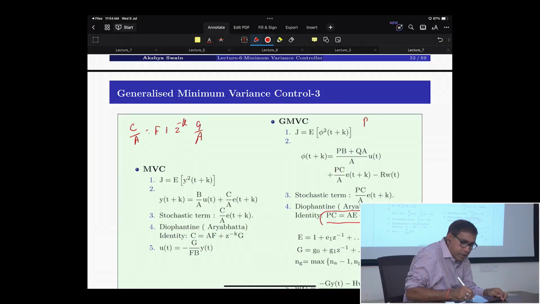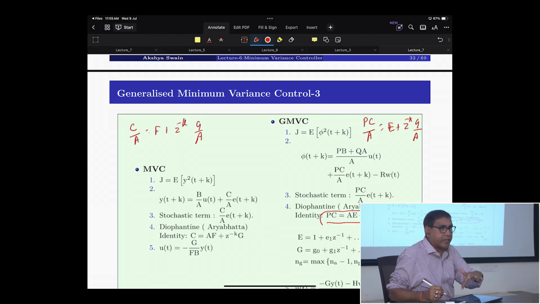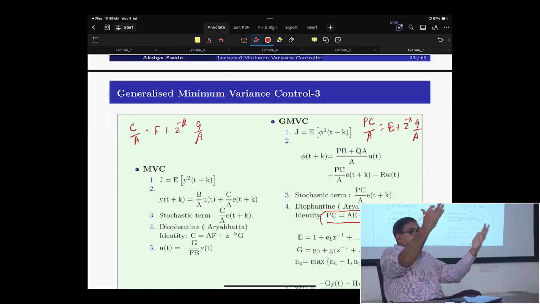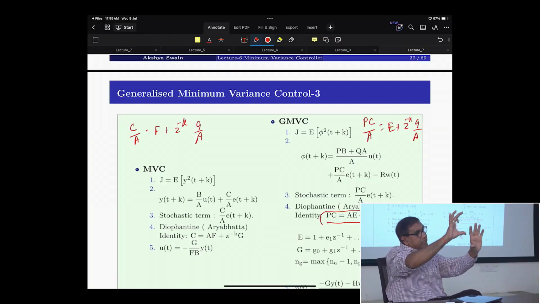You split it: PC by A equals E plus z to the power minus k G by A. This G and that G are different, right? Split it. So similarly, when David Clarke developed the generalized predictive controller, his noise component is different.